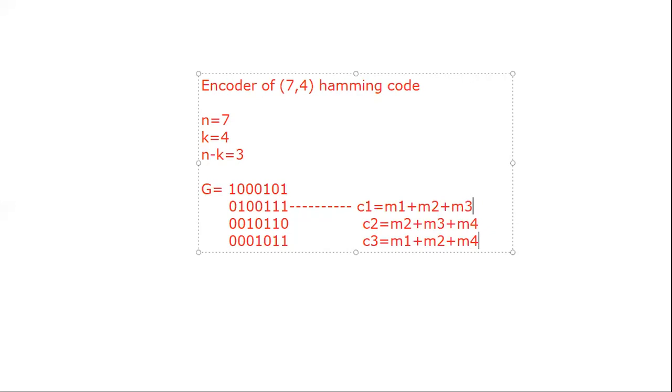Now I want to draw the encoder. So for this, first I want to erase all these things. But remember these equations: C1 equal to M1 XOR M2 XOR M3.